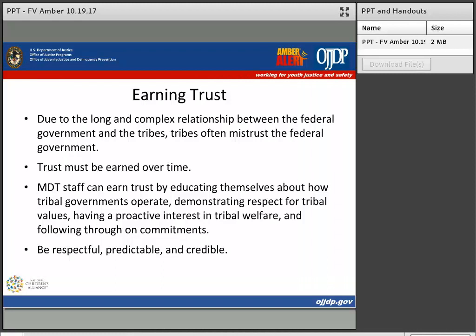You've got to demonstrate respect for their values and be proactive in your interest in tribal welfare. And I think most essential is following through on commitments that are made to the tribe. You've got to be respectful, predictable, and you've got to have credibility. If you don't have credibility, then there is no ability to continue because people will not follow your program.